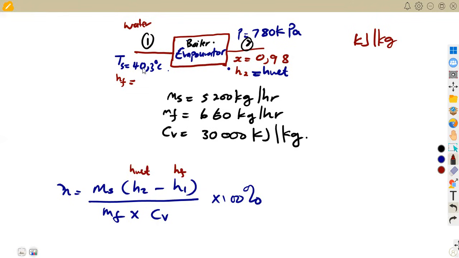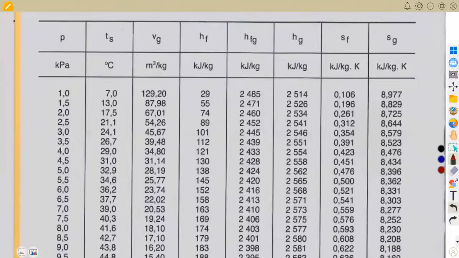Here we do not have the pressure at the inlet, we've got the temperature at the inlet. So on our steam table, the temperature there, remember, is 40.3, under the saturated temperature TS.